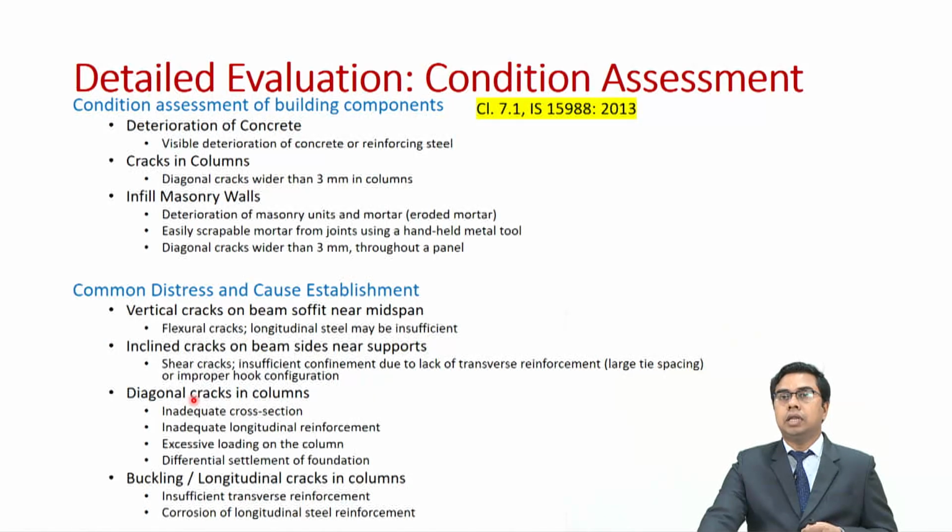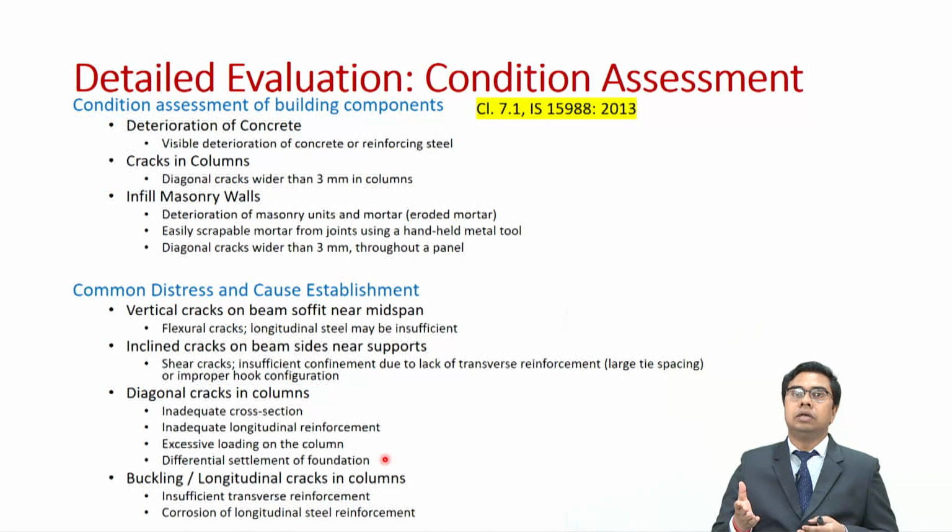Then if you have diagonal cracks in column, this implies that the cross section is inadequate for the loading, or the loading may be excessive. The longitudinal reinforcement in the column may be inadequate. Further, if there is any differential settlement of foundation, then that can also lead to diagonal cracks. So, there can be multiple reasons which can lead to a distress sign.